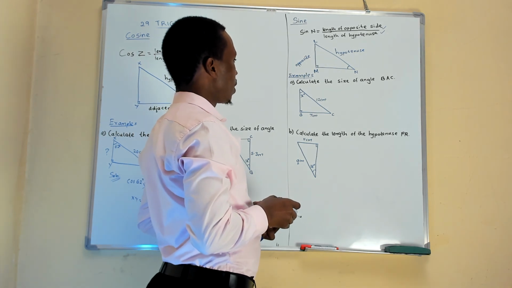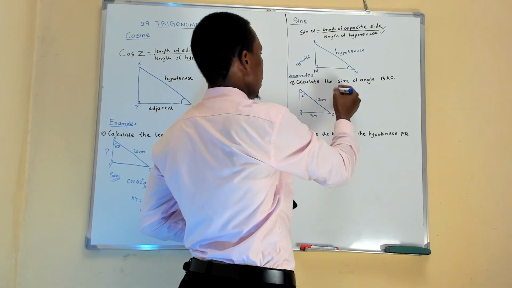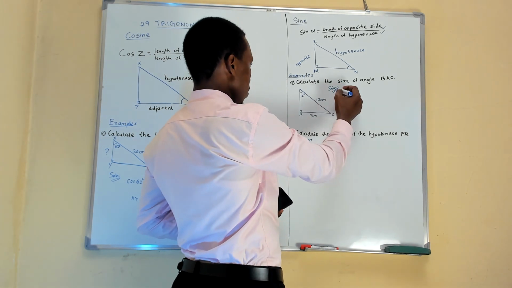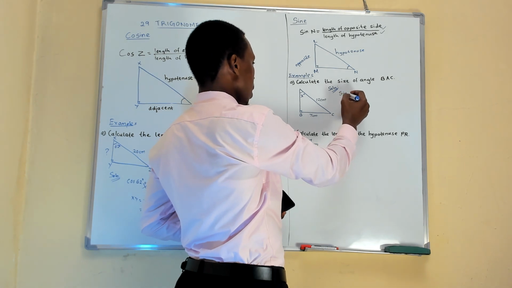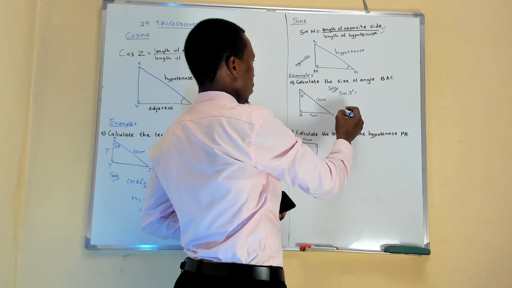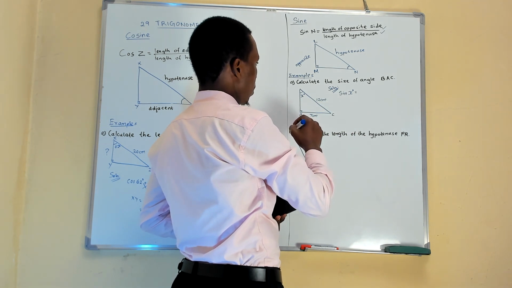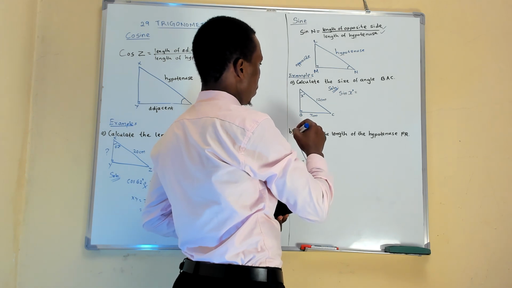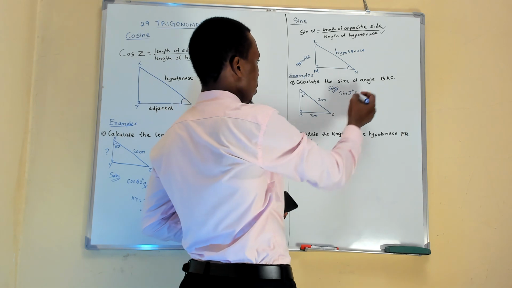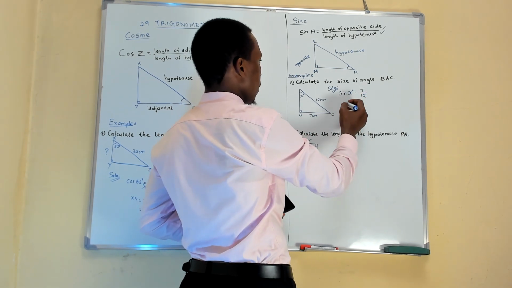So an example here is to calculate the size of the angle BAC. So you say the solution is sine x degrees is equals to opposite, which is 7, divided by the hypotenuse, which is 12.